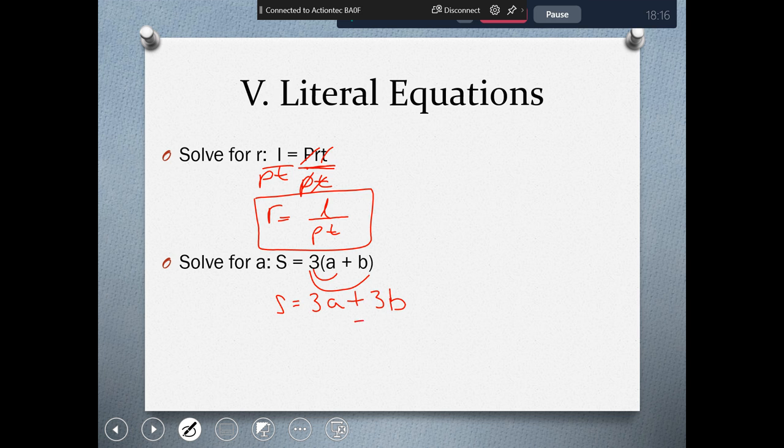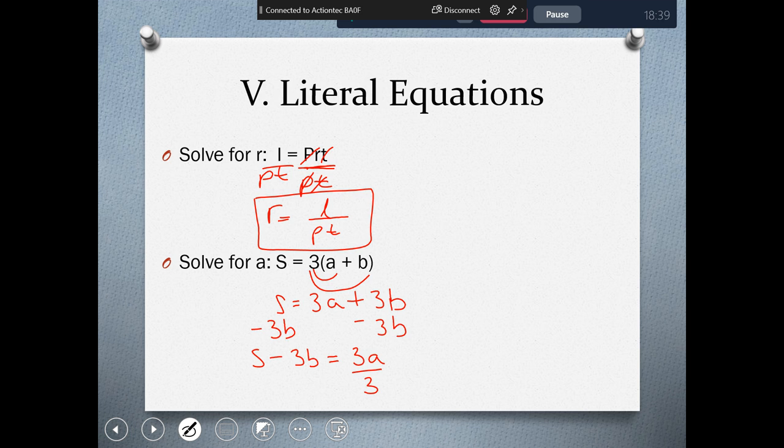So I'm going to subtract 3B from both sides. But because S and 3B are not like terms, we cannot combine them. A is still not by itself, so I need to divide to get the variable by itself. So I'm going to divide by 3. Whatever you do to one side, you have to do to the full other side.